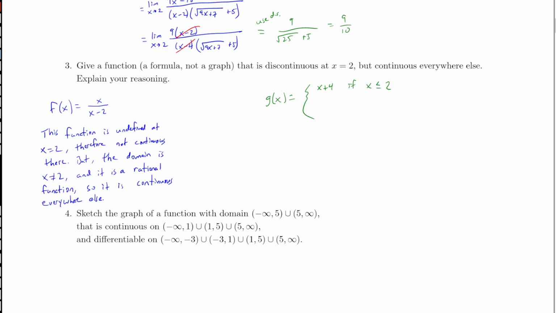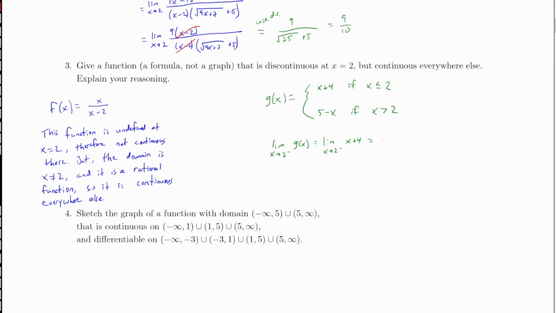So if I have something like x plus 4 if x is less than or equal to 2, and 5 minus x if x is greater than 2, then the limit as x approaches 2 from the left: as we approach 2 from the left, we'll be using the formula x plus 4 for the function.